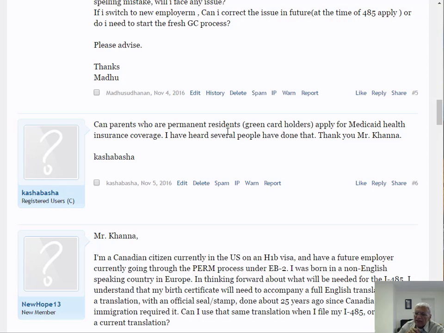Normally, if a green card holder takes what is referred to as means-tested benefits, means-tested benefits are those which are given based upon somebody's income. So if they take means-tested benefits, they can have problems with their green card, as well as the person who sponsored them can be asked to pay up if they take any benefits.